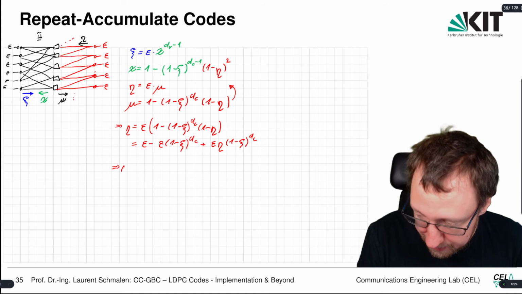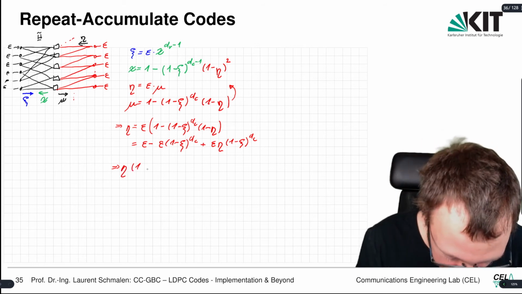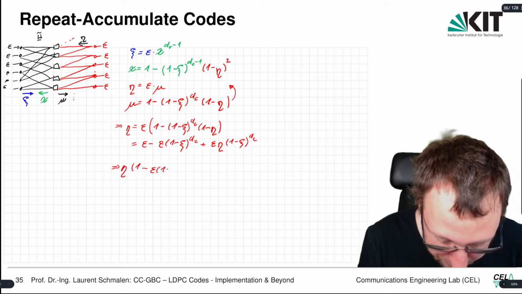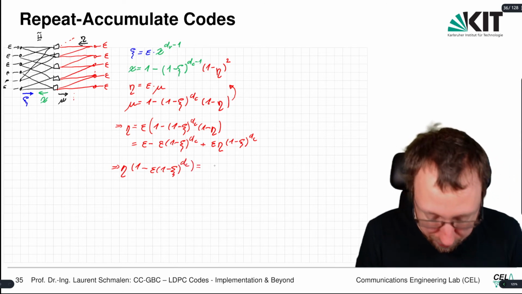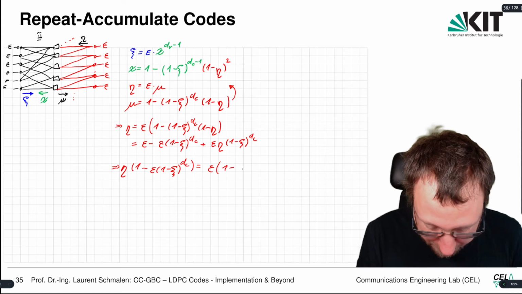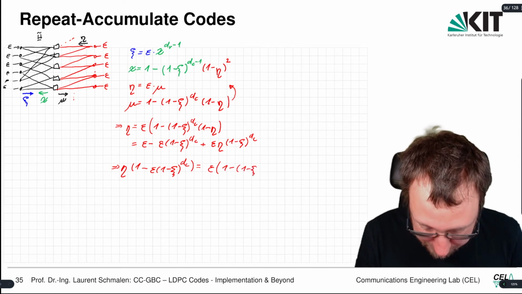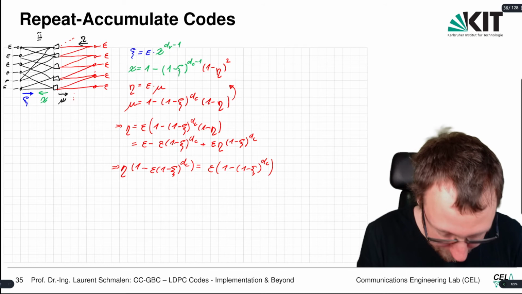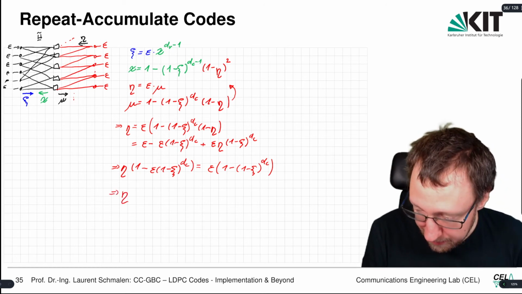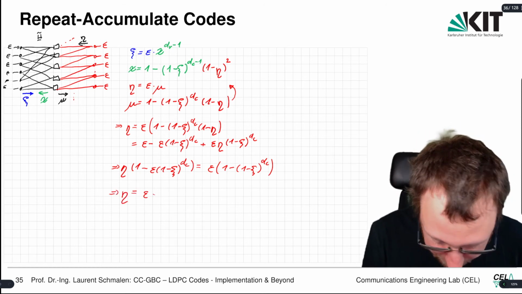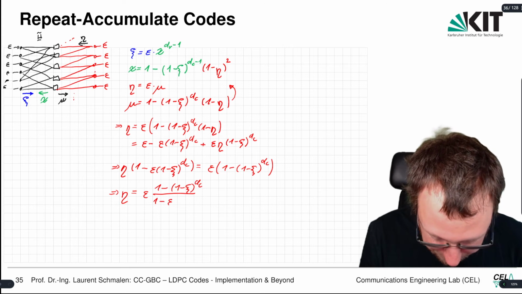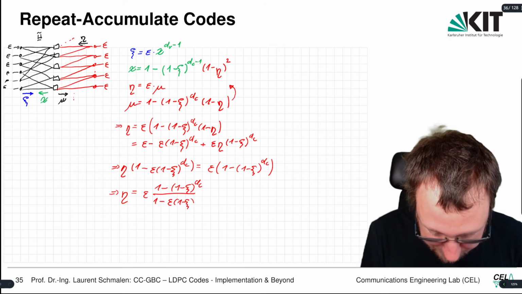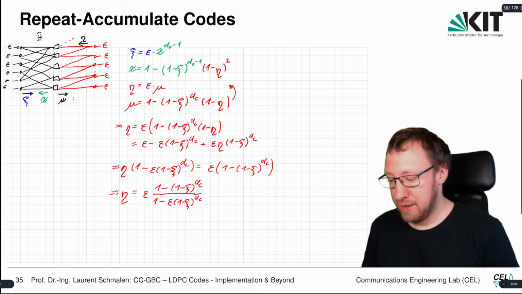So it means that eta times (1 minus epsilon times (1 minus x_c)^dc) is equal to epsilon times (1 minus x_c)^dc. So we get eta being equal to epsilon times (1 minus x_c)^dc divided by (1 minus epsilon times (1 minus x_c)^dc).